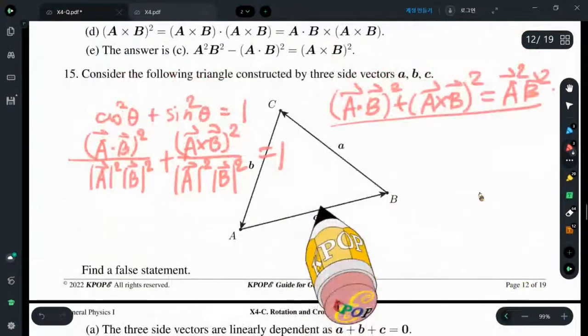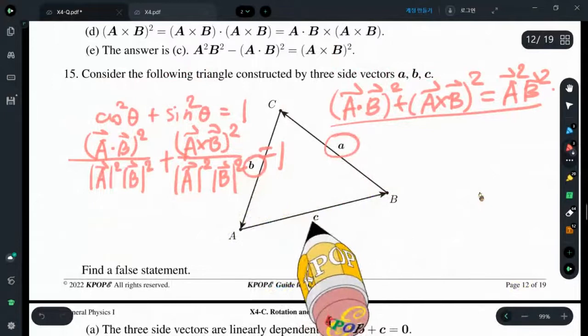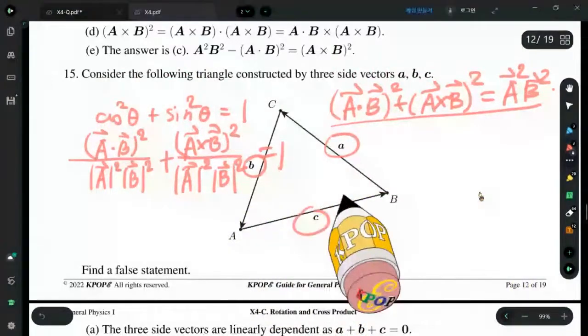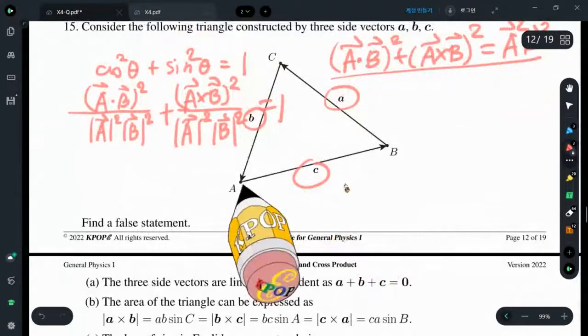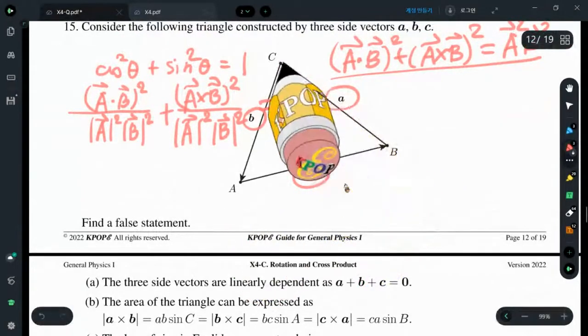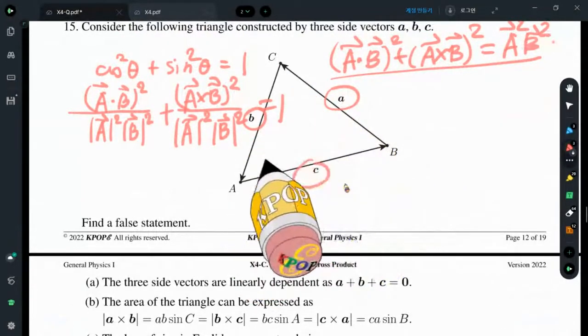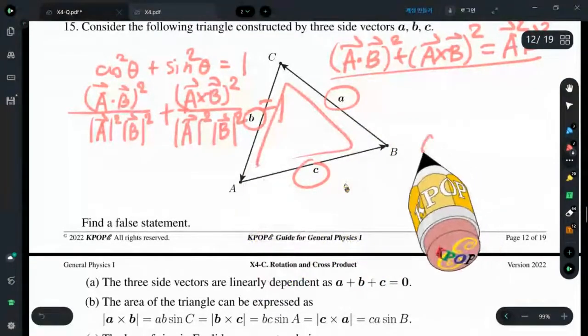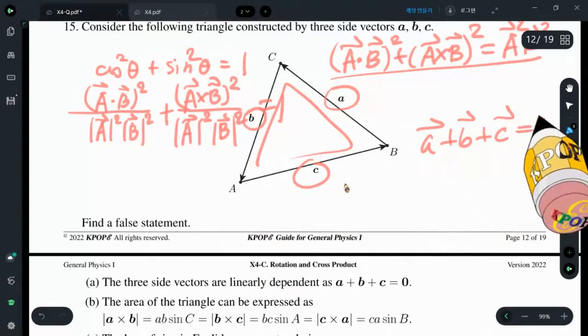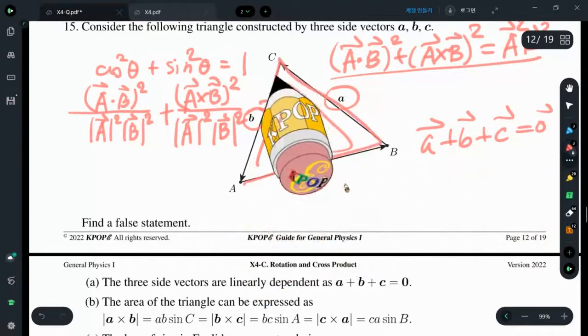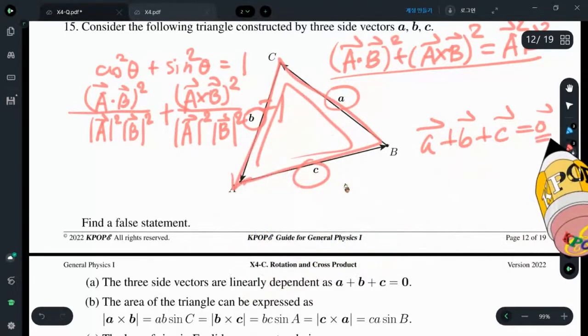We have three sides of a triangle, and if I connect the tail and head, tail and head, tail and head in series, we have A plus B plus C equals 0. It returns to the same point, right?